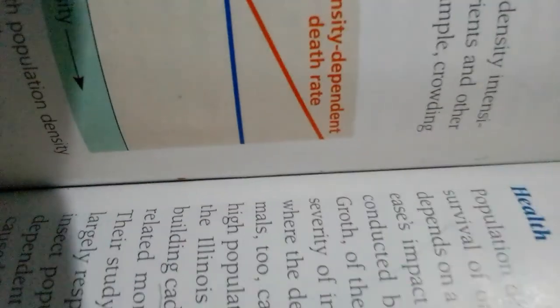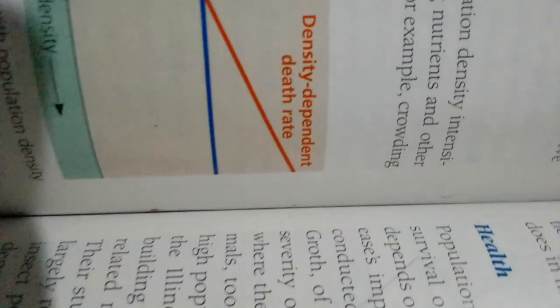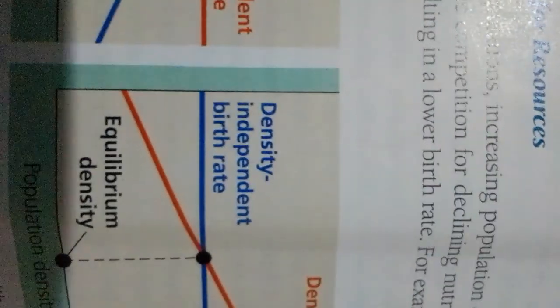In B, birth rate changes with population density, while death rate is constant. Notice in C, death rate changes with population density, while birth rate is constant. This figure shows the equilibrium for population density; this simple model considers only birth and death rates.